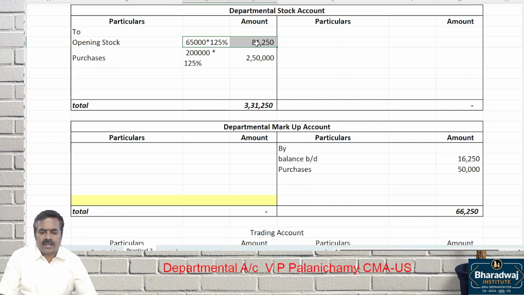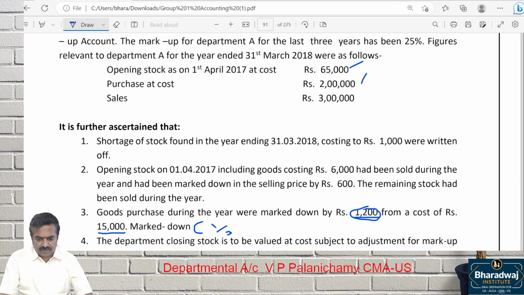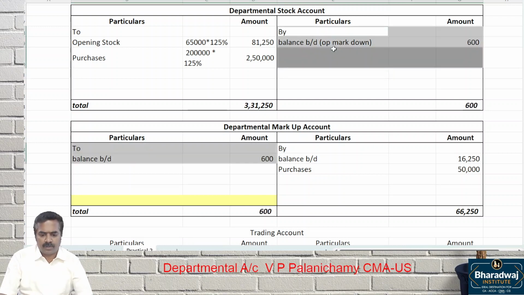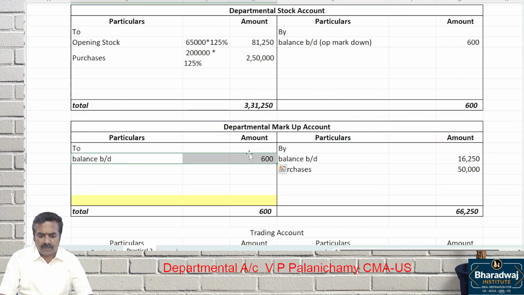From the opening stock, how much is marked down? 600. So 600 mark down panna enna pannu? By markup account. That is nothing but markdown of opening stock.